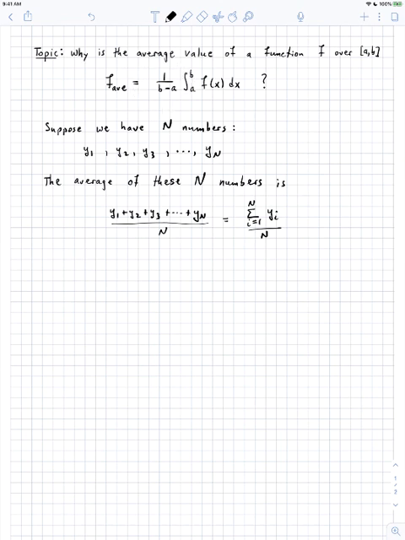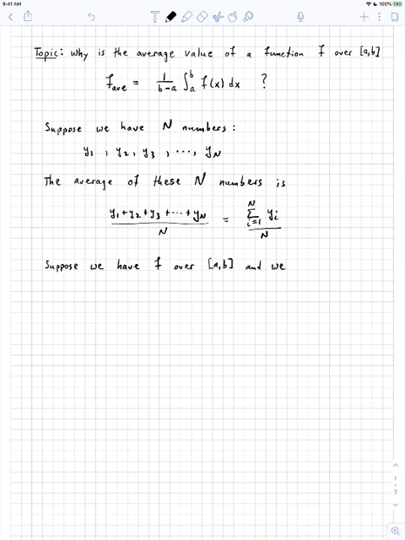Well, let's imagine that we don't have a definition for the average value of a function. So suppose we have a function f over ab, and suppose we don't have our definition. So what do we do in order to determine what the average value might be?